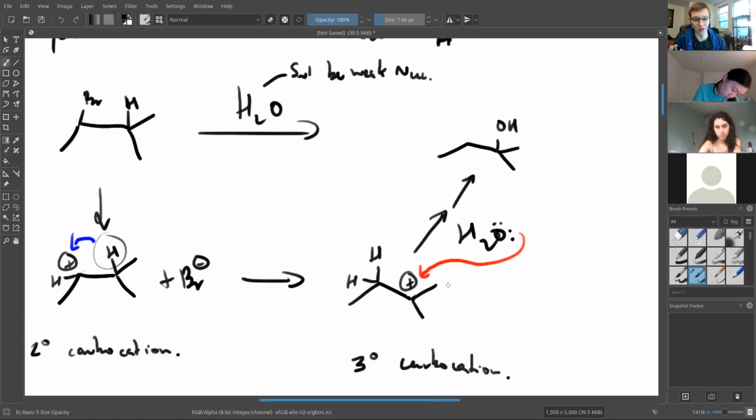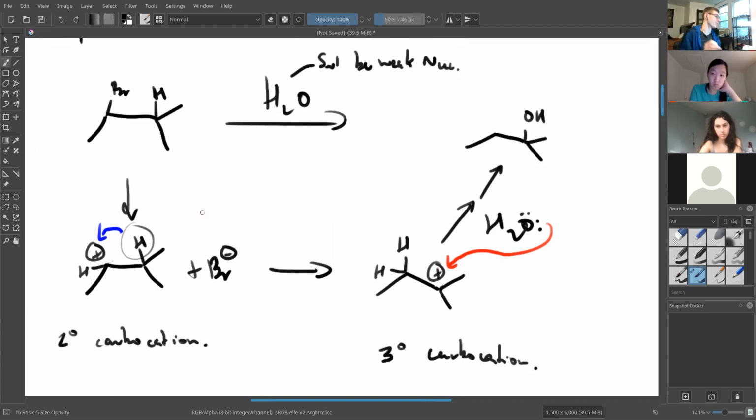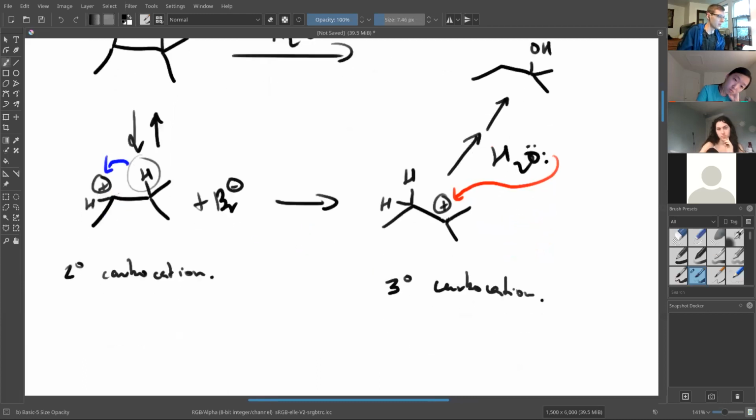Here's an important part. Okay. I see there's a question, but one moment. So here we go, right? This first step, we can go backwards, same as a usual SN1, no problem. We could do that, right? Are we going to go backwards from a tertiary carbocation to a secondary carbocation? What would be the point, right?